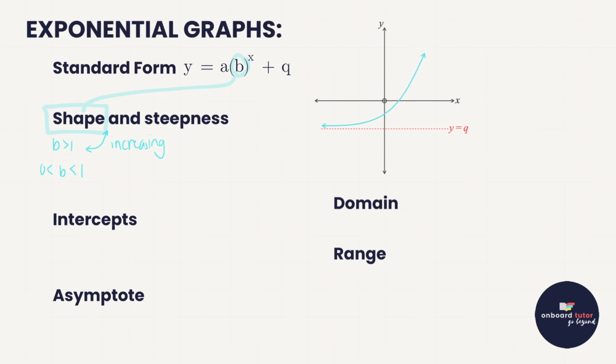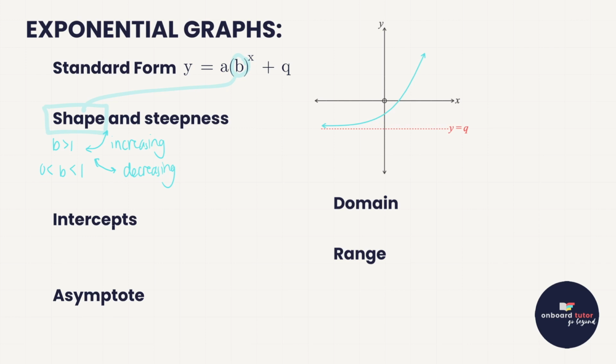So in other words, if it's a half to the power of x or a third to the power of x, then what you'll see is the shape is actually a decreasing shape. All right, so the b value tells us quite a bit about this. So if you look at the one that's sitting here, this one is increasing, which means that the b value is definitely not a fraction smaller than 1. It is a number bigger than 1 because it's increasing there.